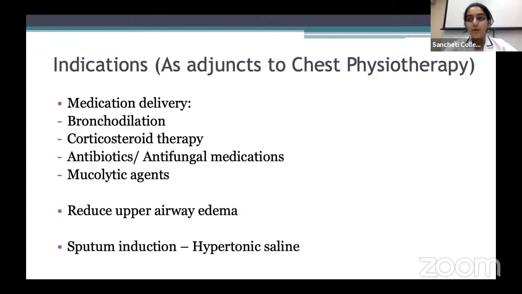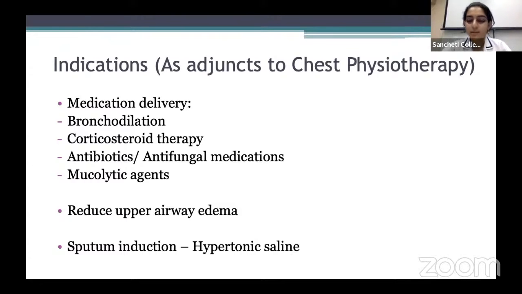For example, if you have a patient who has an obstructive respiratory condition, or is known to have bronchospasm, once the bronchioles have dilated with the use of medication, I am better able to administer whatever interventions I wish to give. So that is why it is used as an adjunct to chest physiotherapy. Understand? Basically, these techniques are used to improve the effectiveness of my physiotherapy intervention.